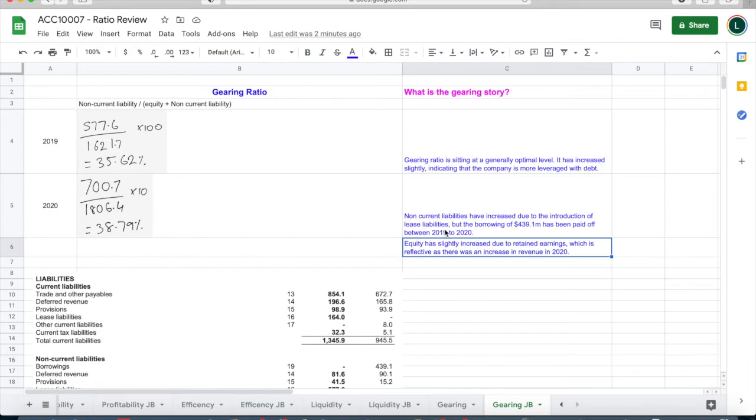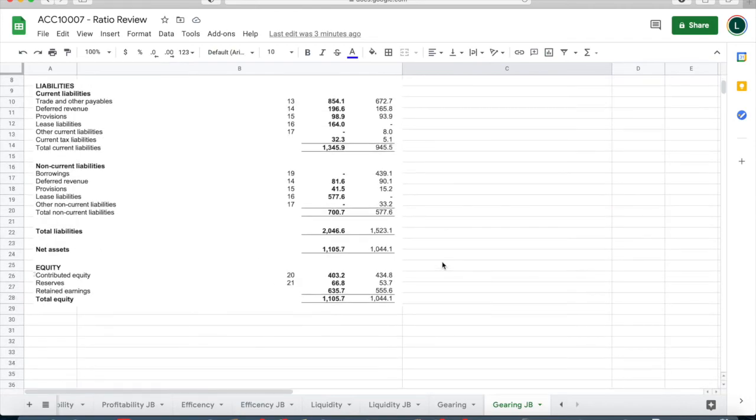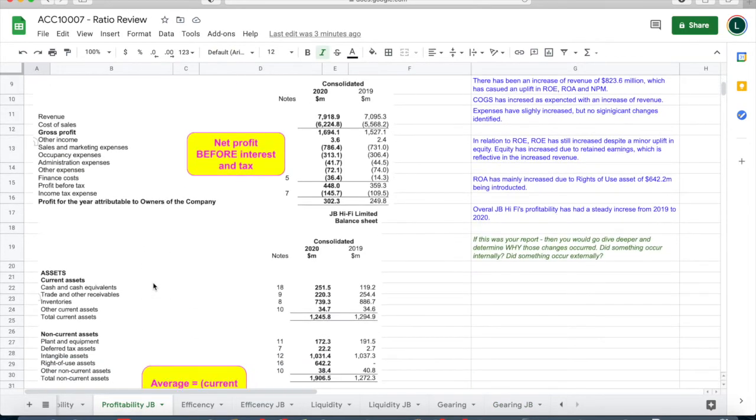I think, as you can see, as I've discussed every single section, our profitability, equity, liquidity, and gearing, you can see that there's a very common theme in what impacts the financial ratios. You can see that I've discussed the increase of revenue, the increase in those lease liabilities, and let's have a look at what else I can see.